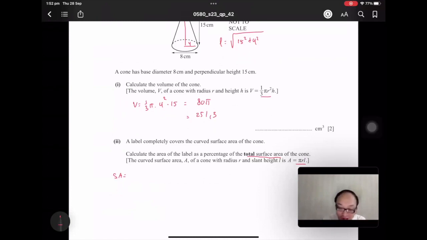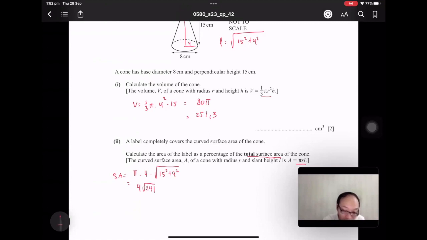So the area is pi times r. r is 4. And then l is root of 15 square plus 4 square, times 4. So 4 root of 241 pi.